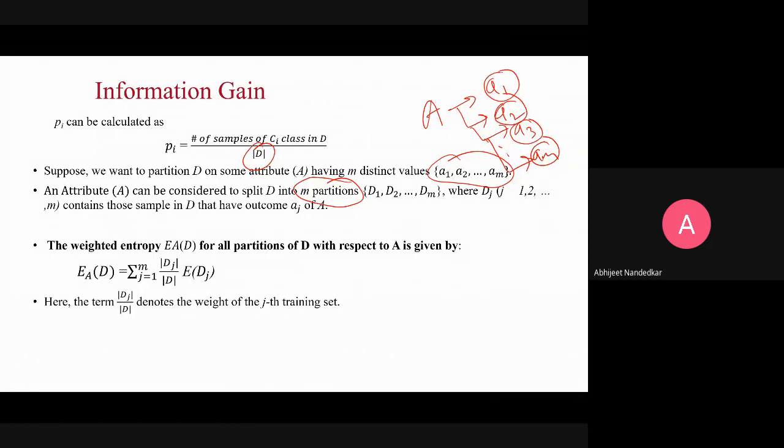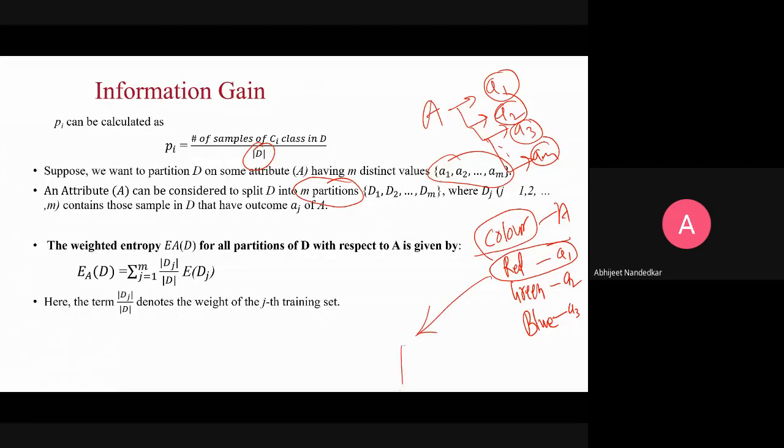Suppose I say color is my attribute A, and it can take red, green, and blue values. Then these are called A1, A2, and A3. When I say find the samples with color equal to red, then all the samples with color red are separated, then green, then blue.